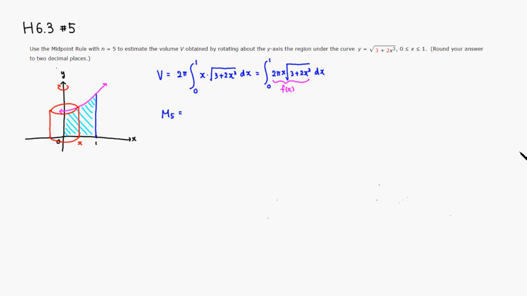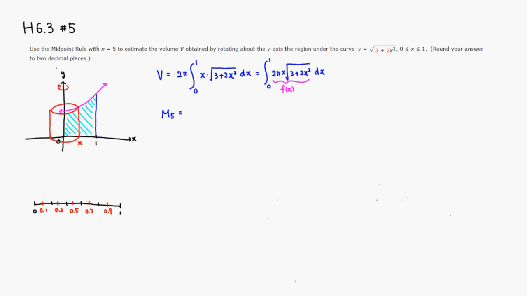Then if you want to find M5, we take the interval from 0 to 1 and split that into 5 pieces. So it's going to be 0.2, 0.4, 0.6, and then 0.8. The midpoints would be 0.1 here, 0.3, 0.5, 0.7, and 0.9.